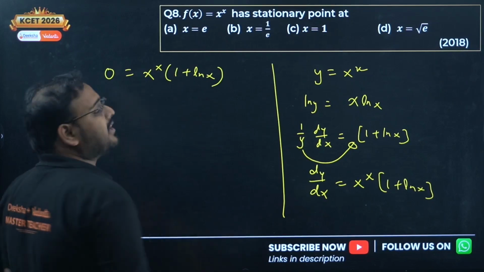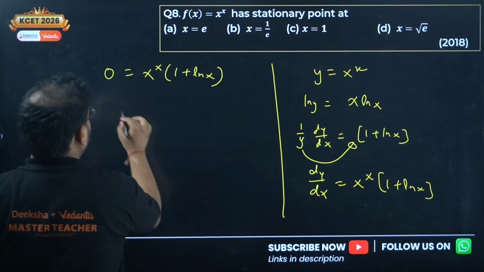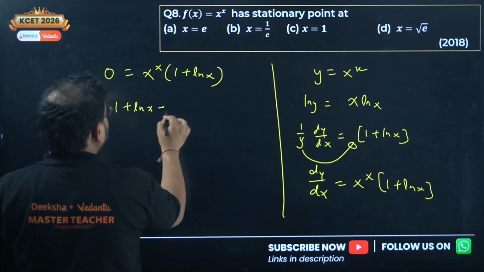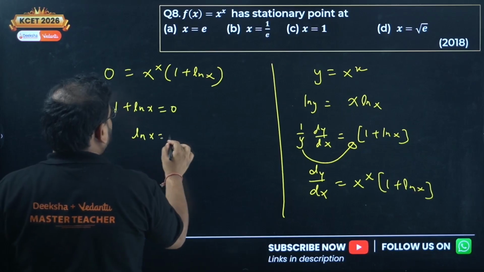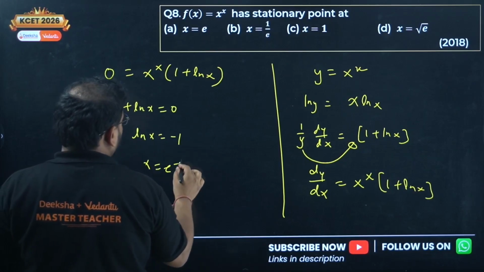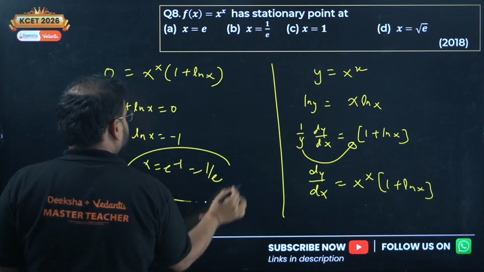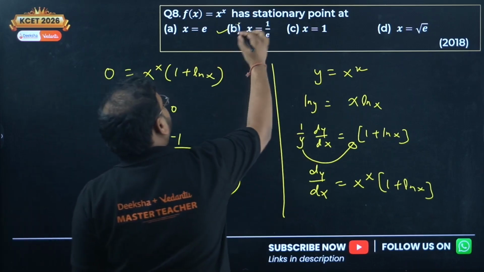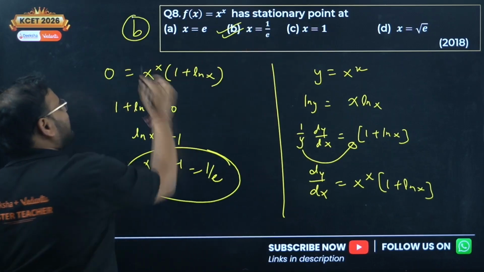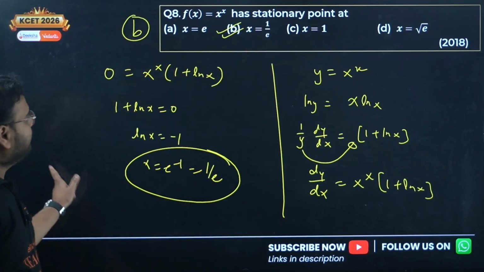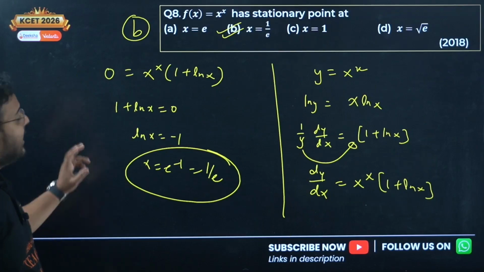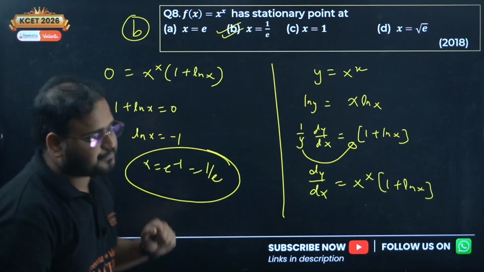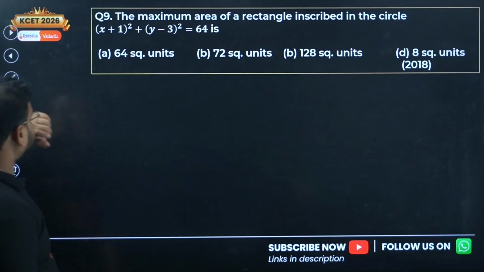This is the exponential part, never 0. So 1 plus ln x is 0. So I get ln x as minus 1, x as e power minus 1, which means 1 by e. This is the stationary point. Option B is the right choice. Very simple. I forgot to write the option for question number 7. 8th is done.